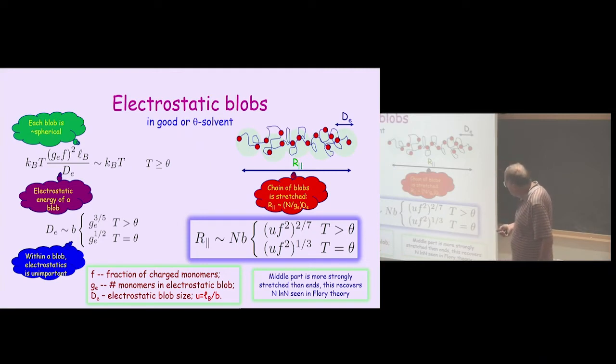So you have two equations for two unknowns, the number of monomers in the blob and the size of the blob, and you go through the algebra, and I will not go through the algebra, but I encourage you to go through the algebra. And you discover that indeed, again, this picture reproduces the Flory result, that it is stretched.